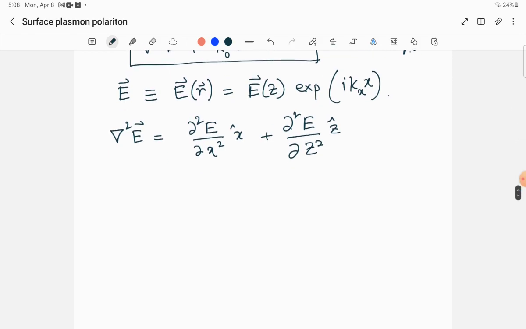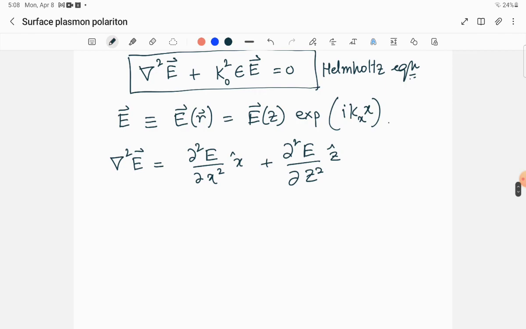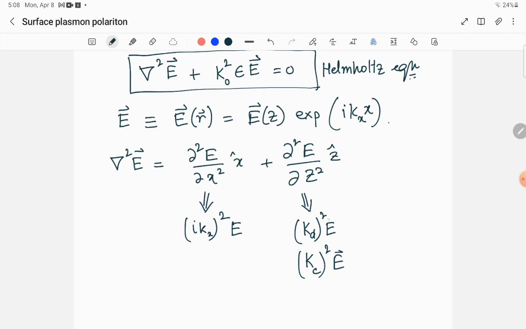Now with this in mind and knowing the form of the electric field, we have this derivative with respect to x comes out to be i kx square E, and z of course will come out to be either kd square E for the dielectric or kc square E for the conductor.